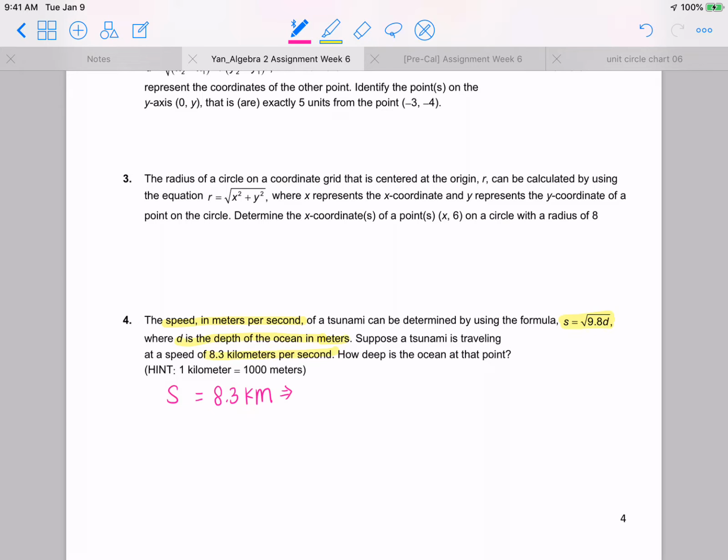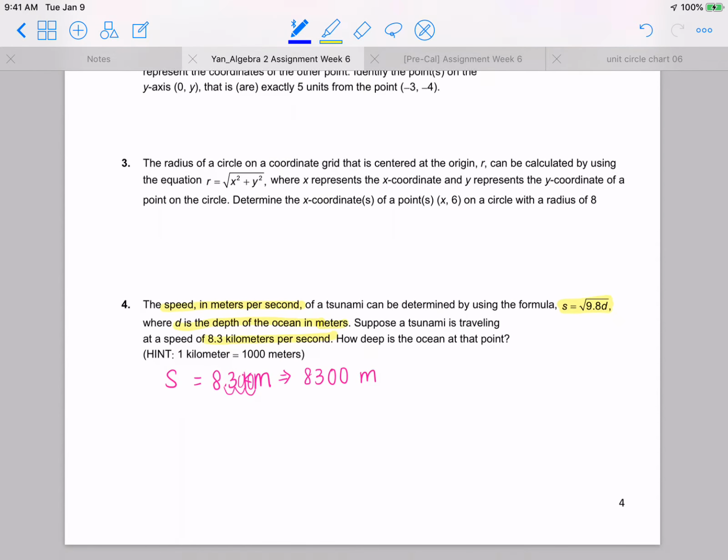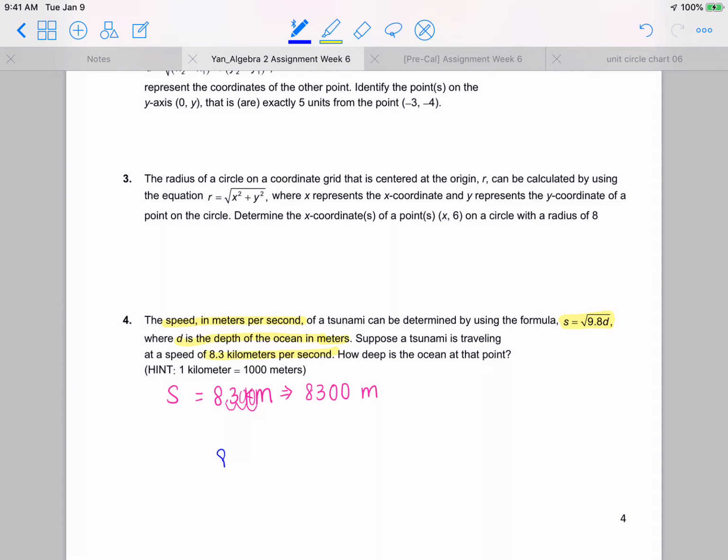So that means I'm going to move 3 decimals, which is 8,300 meters. Okay, so now that we have our units figured out, we're going to substitute. We get 8,300 equals the square root of 9.8d.